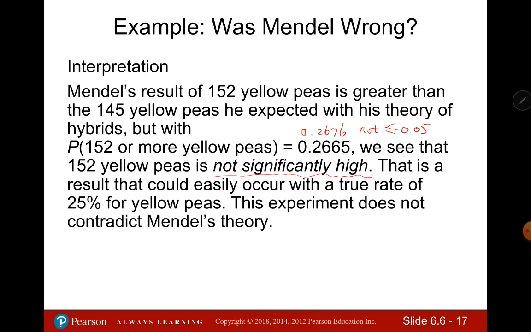So we cannot say the assumption is not correct. The experiment does not contradict the theory. We cannot say the theory is incorrect because we do not get a very small probability. Only if the probability is very small, less than 5%, can we say the assumption is not correct, or say this value is a significantly high value. So that's the interpretation.